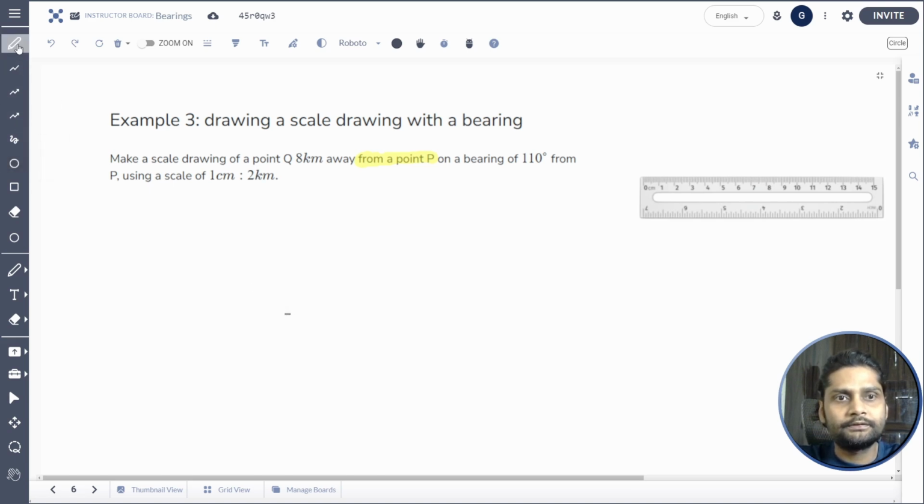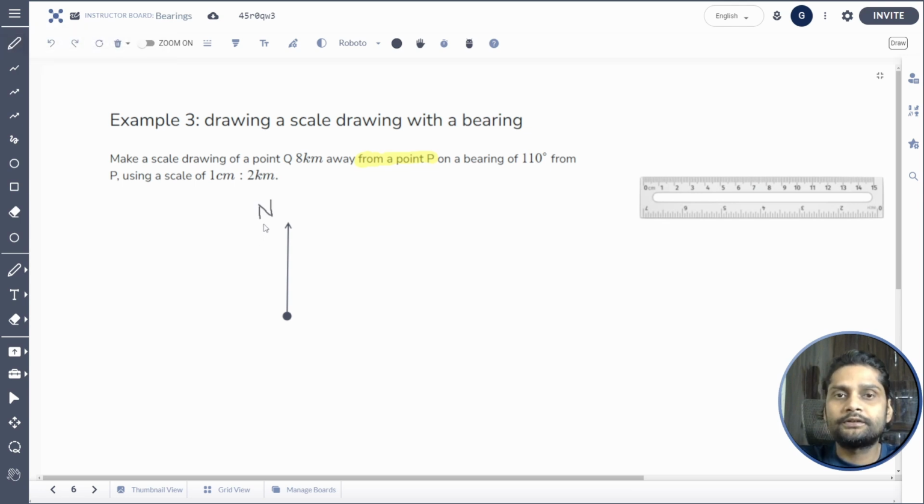Let me just draw that. If my reference point is somewhere here, the first thing I need to do is to draw a north line. So I can draw it facing upwards. This is the vertical north line I have.